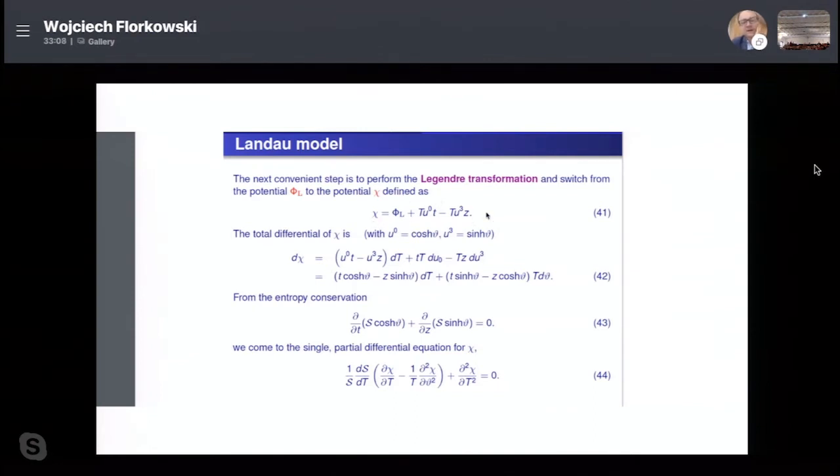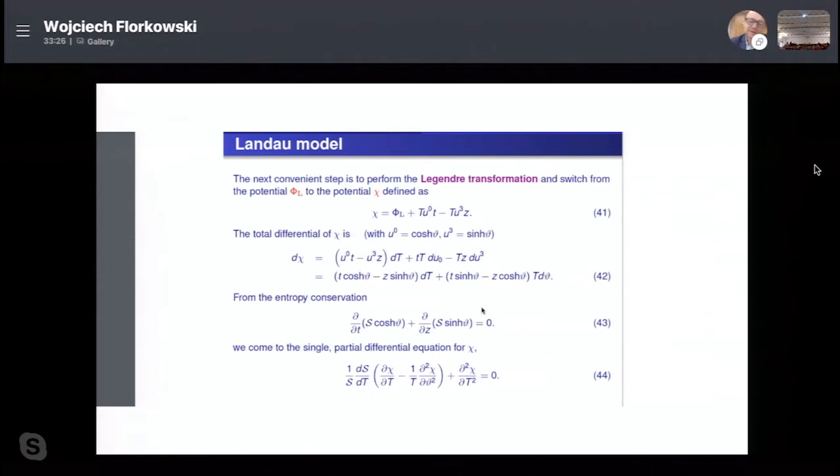And now you calculate the derivative of chi, so then you see that chi depends on the temperature and also on rapidity, which is now called theta, because this is the notation from Landau. Yes, so sorry for this change of notation.